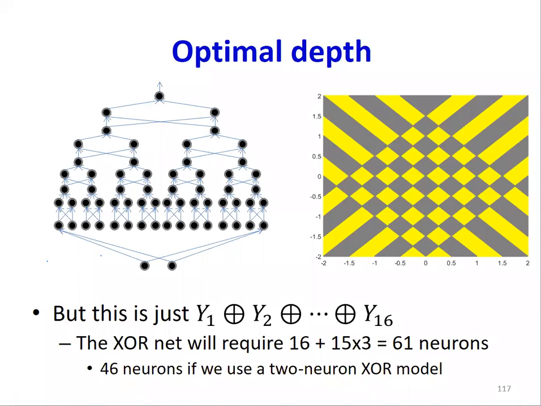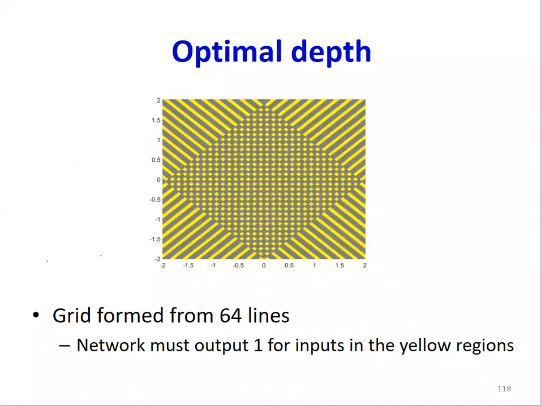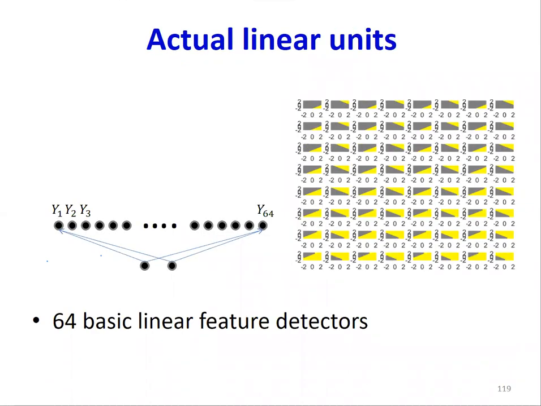That difference may not look like a large number. But then suppose I look at something more complex like this, and remember, real life patterns are going to be very, very complex, right? So this is two-dimensional. These are two-dimensional inputs. I want the network to output a 1 when the input is in the yellow regions, right? This has 64 basic linear feature detectors.